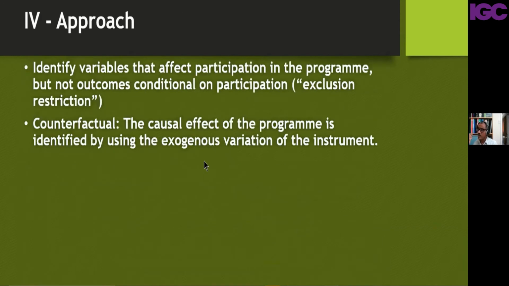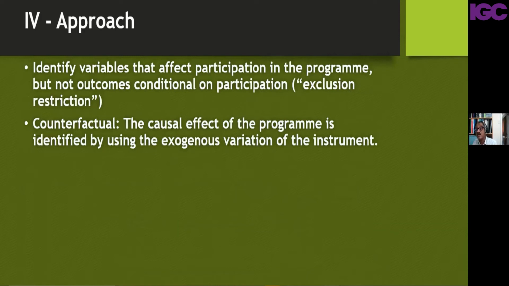So when you have a situation like this, what does the instrumental variables approach do? What we do is we identify variables that affect participation in the program, but not the outcomes, say the yield.